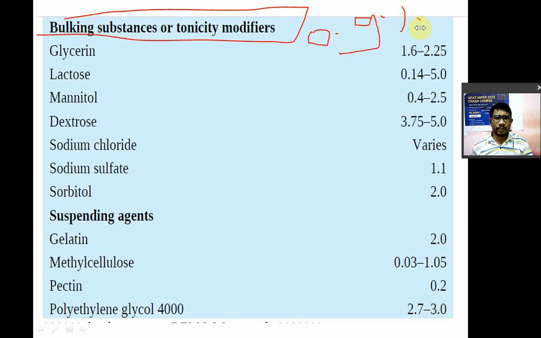So when you prepare a 0.9% weight by volume solution of sodium chloride, that solution is isotonic with the blood plasma. That means if you check the osmotic pressure of 0.9% sodium chloride and of blood, it will be the same. So that's why, if you inject 0.9% sodium chloride, there is no hemolysis of RBC.